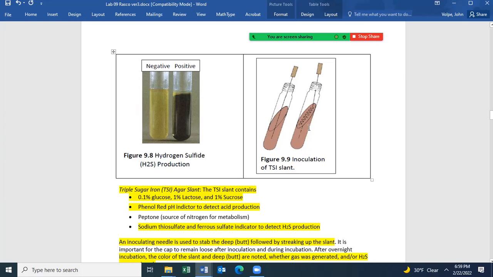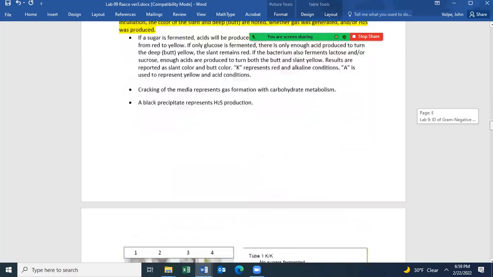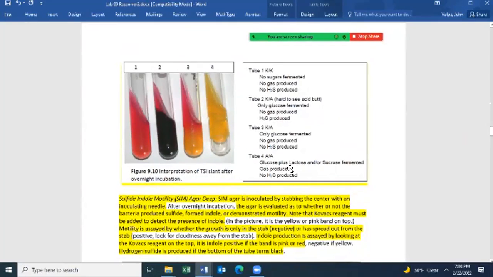Usually it's not black at the top of the tube. The non-hydrogen sulfide production will be red in the TSI. So non-colored and no reaction is reddish. And if hydrogen sulfide is produced, it's black. We'll talk about the yellow when I get there.